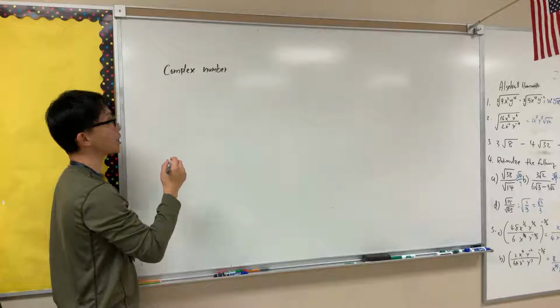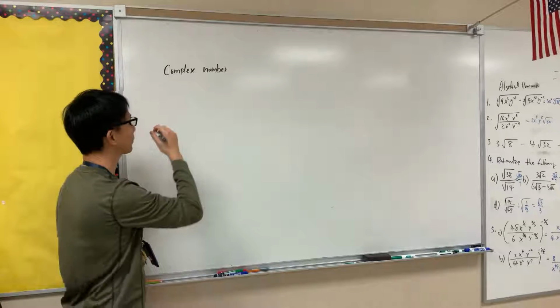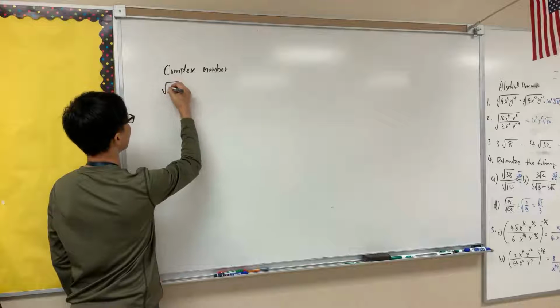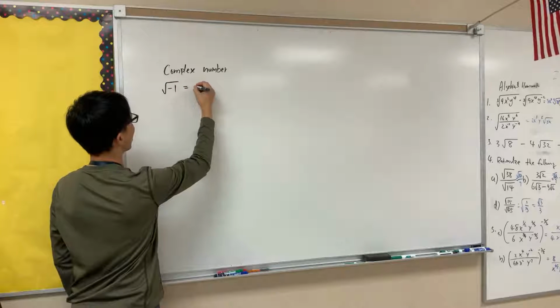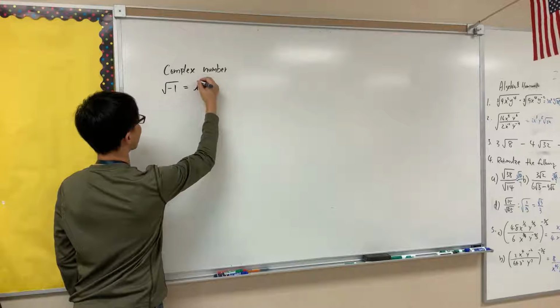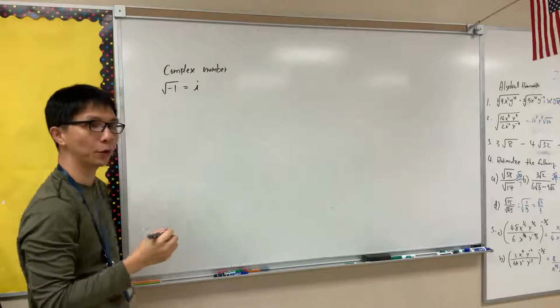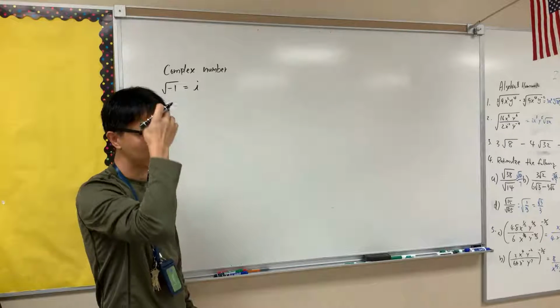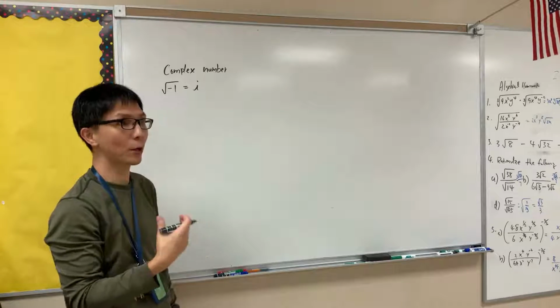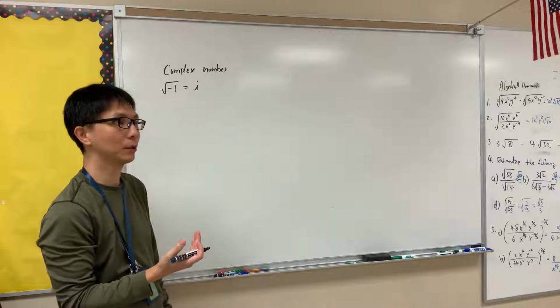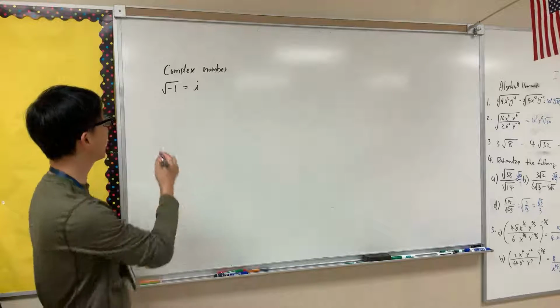Let's start: what is the square root of negative 1? We're going to call this i. There's a name for it. It's one of the Euler's formula elements, so it's one of the more special numbers we talked about at the beginning of the year.